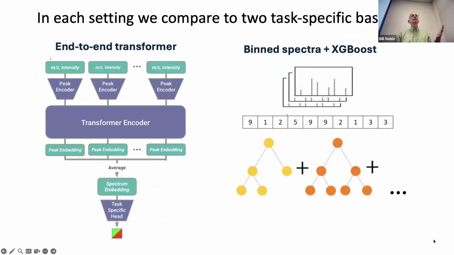And as a baseline, we're going to train an XGBoost classifier just on the task at hand, using just a standard spectrum representation with a discretized m/z axis. And then we're also going to train the full model, the transformer architecture, but trained without the pre-training stage.